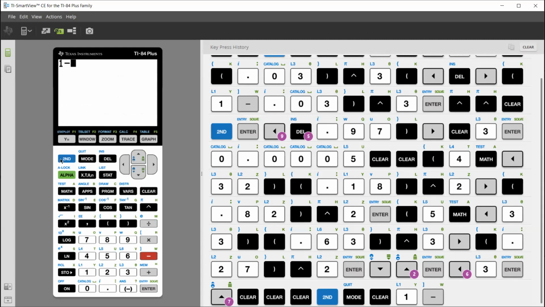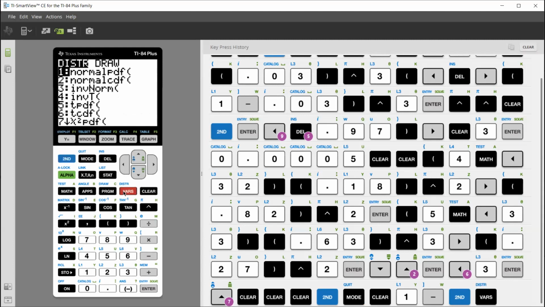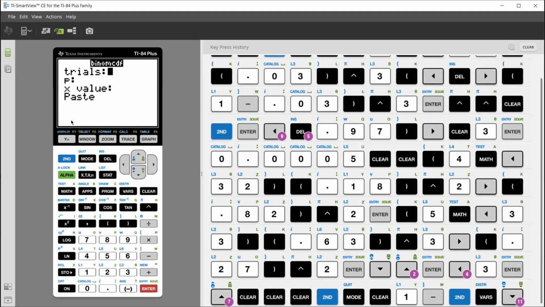So you're going to go second, distribution, which is on top of the vars key. And then you're going to go down in the menu until you see binom CDF. This one for me is letter B as in boy. Binom CDF right here, hit enter.